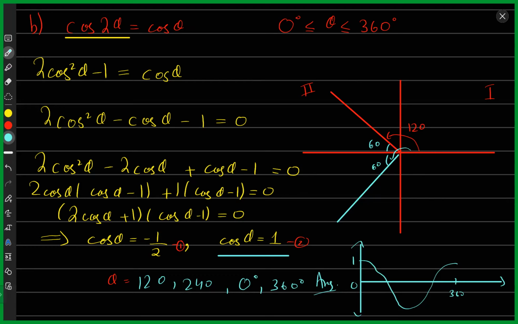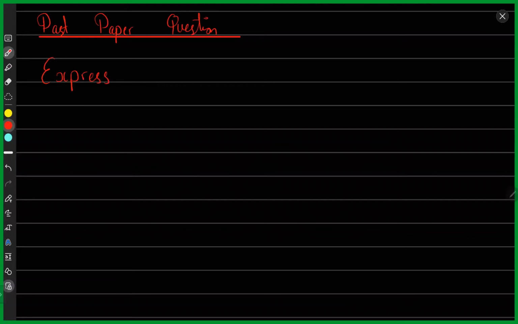This is basically a past paper question. Okay, the question says express cos 3 theta in terms of cos theta.